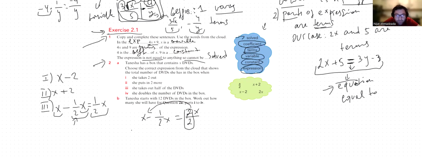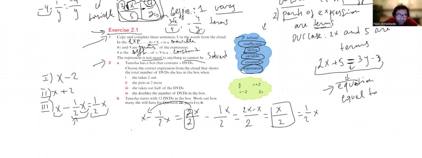Minus 1 over 2 x. Then we have a common denominator, which is 2, and the numerators are 2x minus 1x, which is just x. So it's x over 2. Let's write it as x over 2.